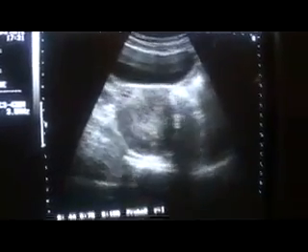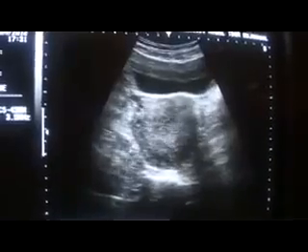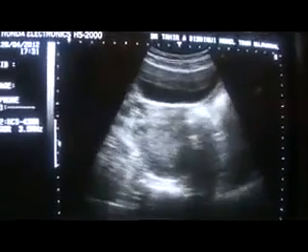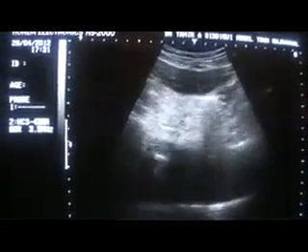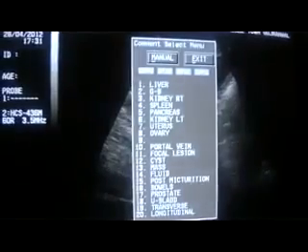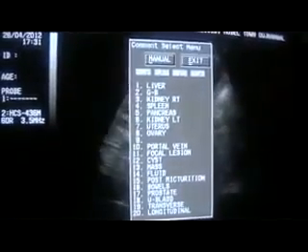All of this is the uterus in transverse section. And it does look like there is a fibroid. This area can easily be labeled as a fibroid in the uterus.